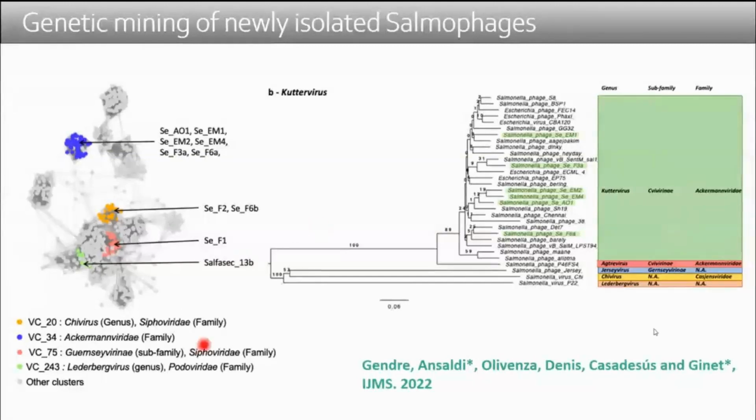We were able to attribute new families, and in particular, one brand new temperate phage, because temperate phages from Salmonella are very rare, although we have P22, but it's almost the exception. So we got a brand new temperate phage, and we were very happy about this. And incidentally, this publication got accepted just last August.